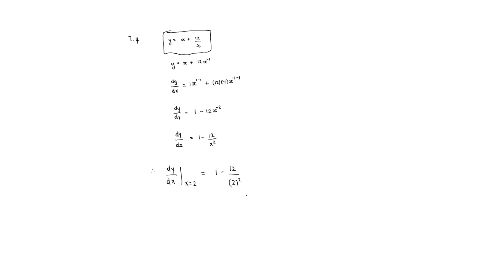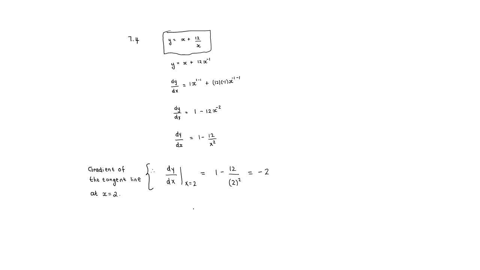If you pop this into your calculator, you get minus 2. So what does this mean? This is the gradient of the tangent line at x equals 2.